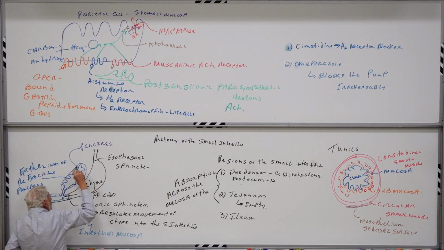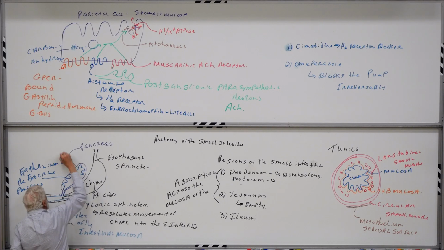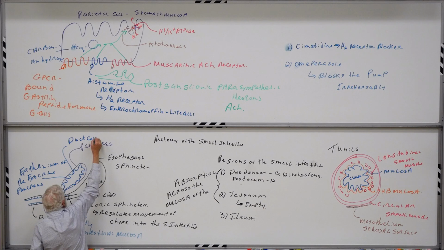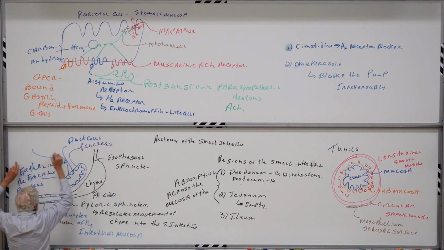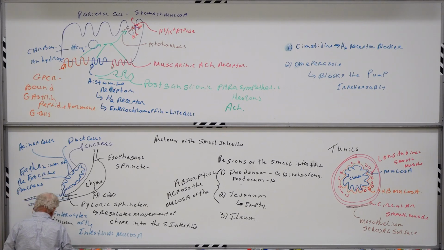The epithelial cells of the pancreas are broken into two regions. These are the so-called duct cells. And there are these bulbous structures here, which are composed of epithelial cells called acinar cells. So the players here are going to be, first, I'll put this in orange.